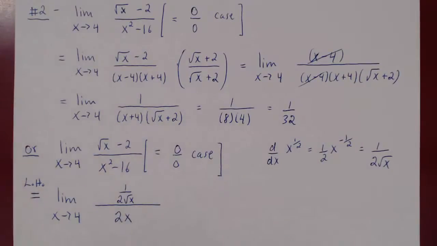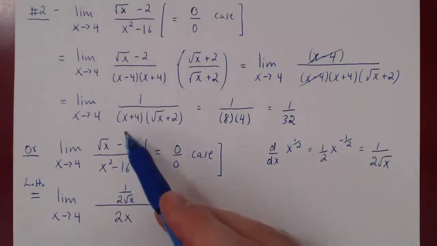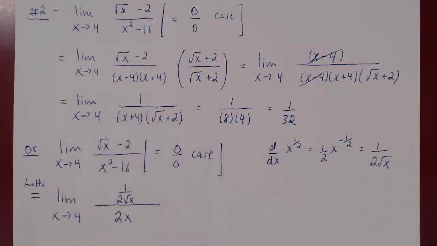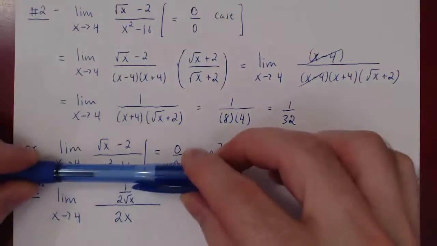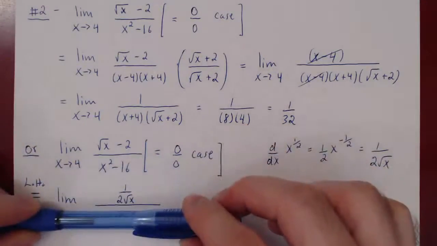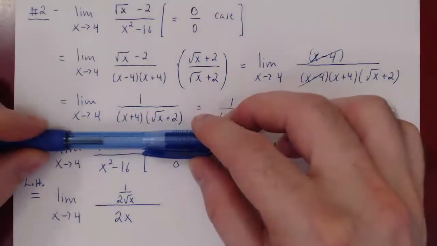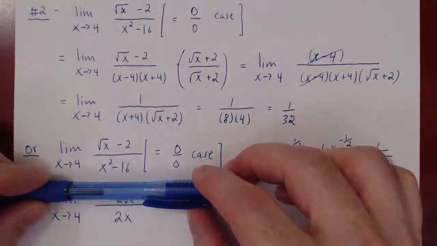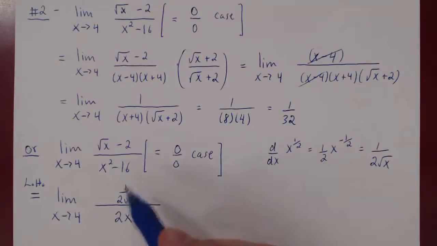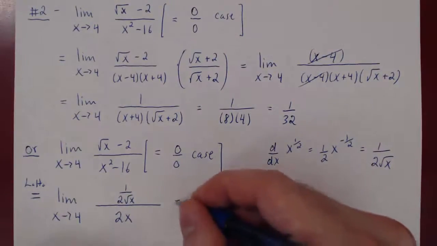And remember, when you use L'Hopital's rule, you don't differentiate the entire quotient using the quotient rule. You differentiate the numerator alone and the denominator alone. And then you take the ratio of the two individual derivatives. Let's simplify this a little bit.